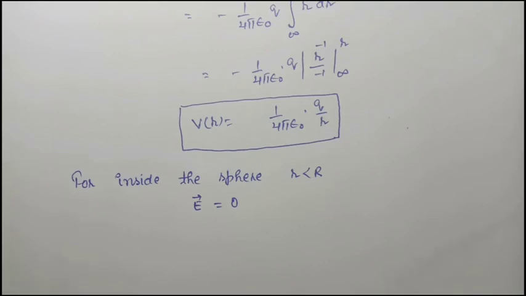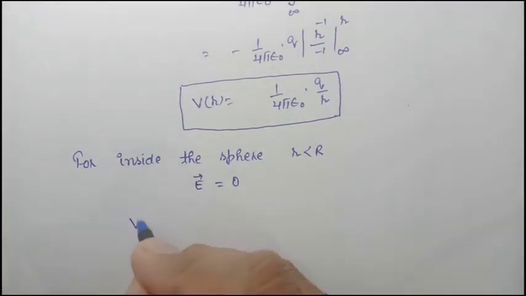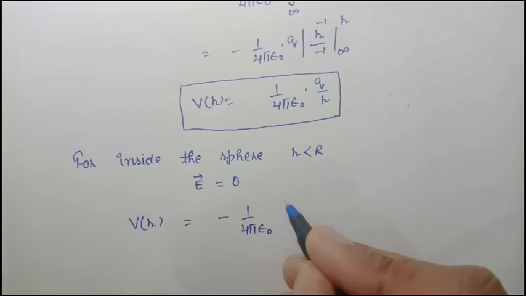So we split the integral into two components, that is V(r) equals minus 1 over 4 pi epsilon naught.